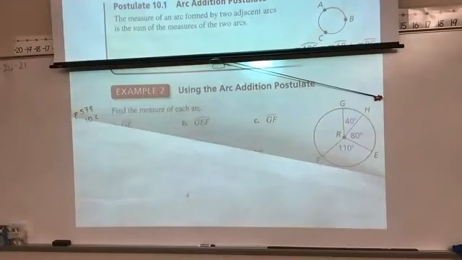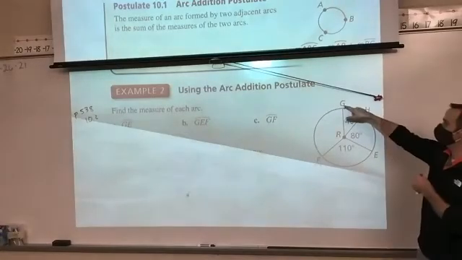All right, what is arc GE? We add up that 40 and that 80, we get 120 from G to E.